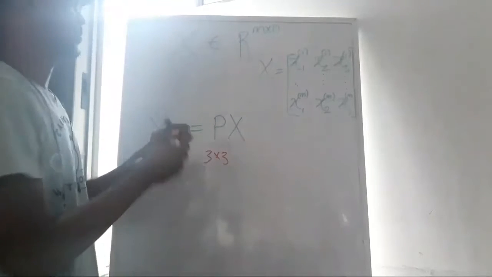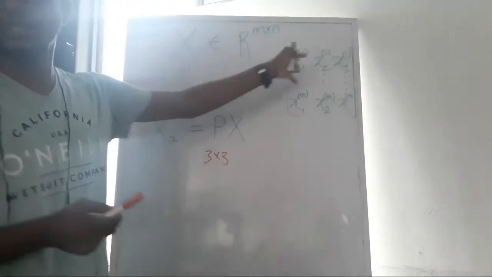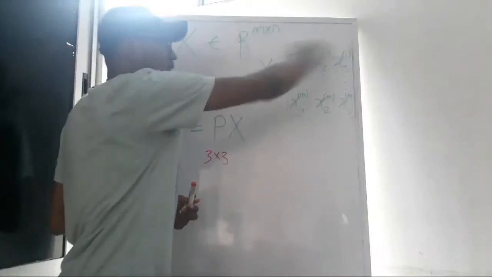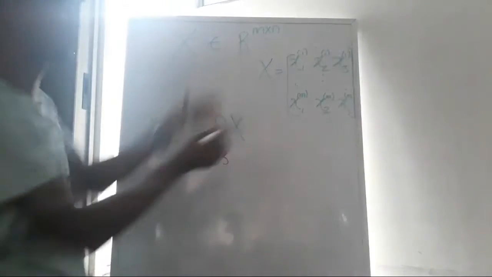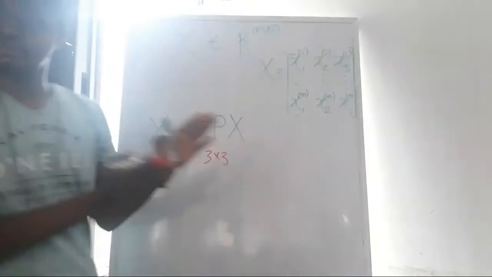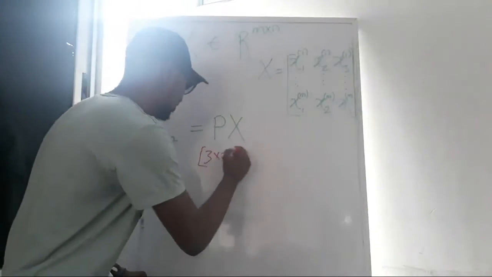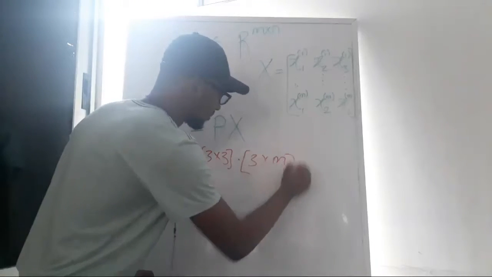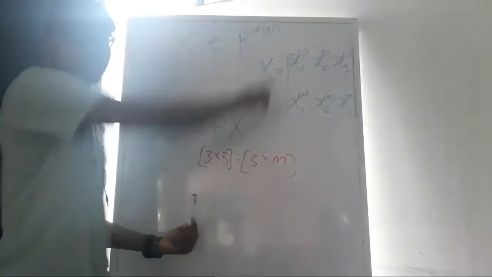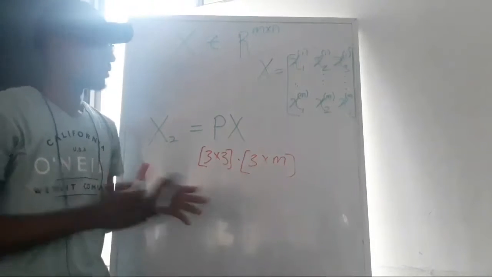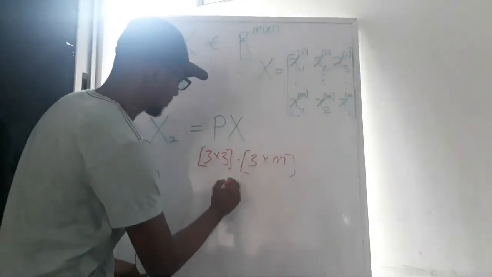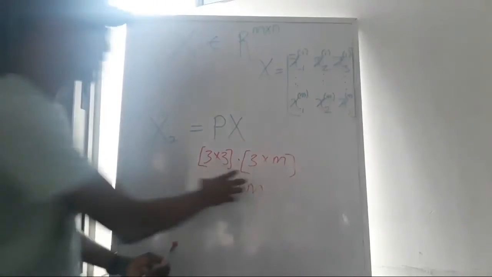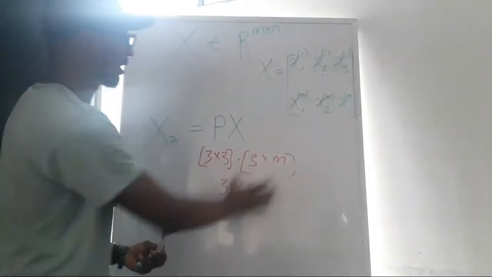So in this case, you know what the size of your feature matrix is. The size is typically the number of examples by the number of features. But in this case, we are going to use 3 by n. Then you get 3 by m as your x2, which is similar to this also.